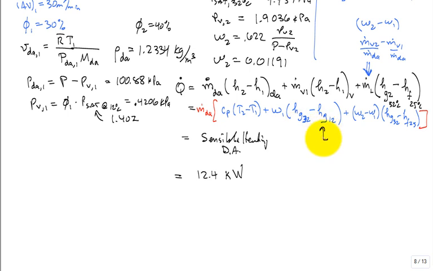The h of g at 12, what is that? 2523.4. The h of g at 32, 2559.9. We already have omega 1 and mass flow rate. So what is this? This is the sensible heating of the vapor that already is in the moist air coming through. But you know what? That only requires 0.06 kilowatts.